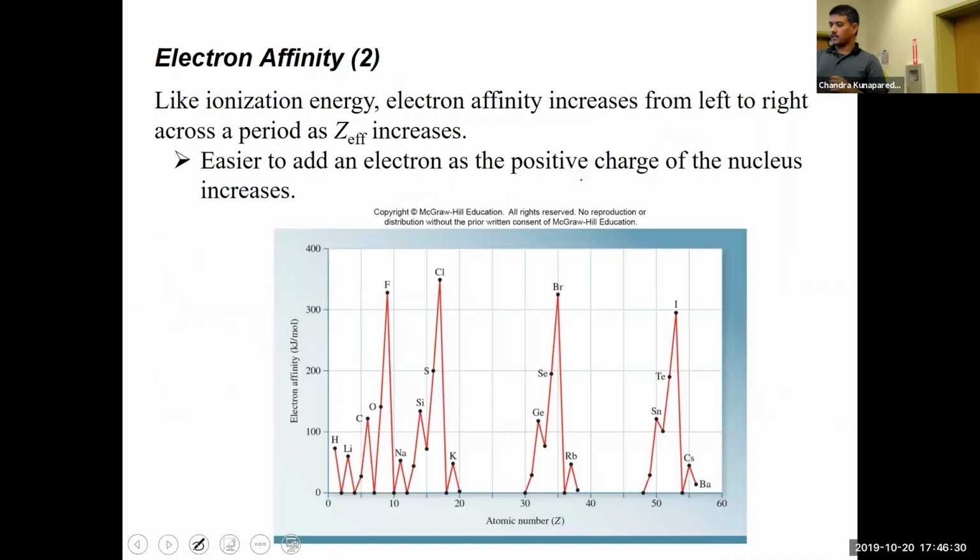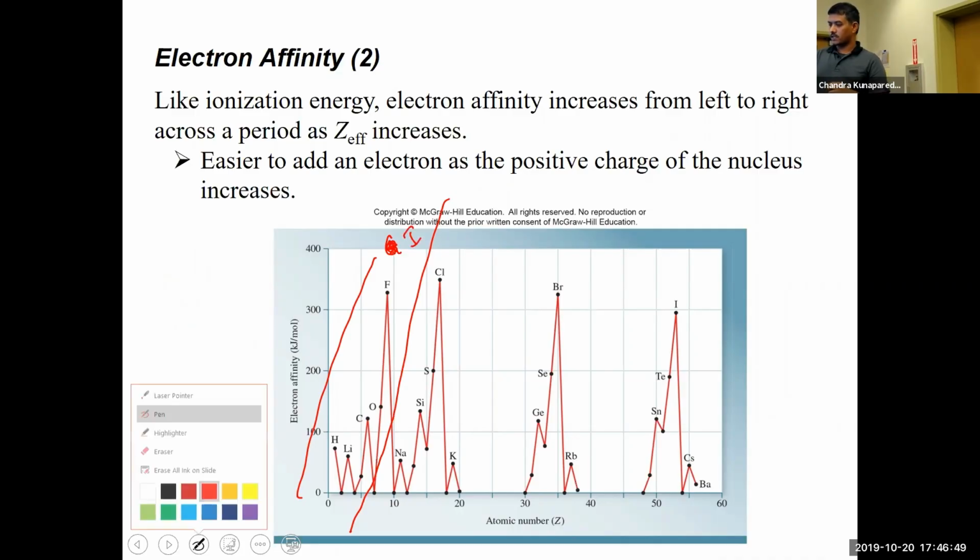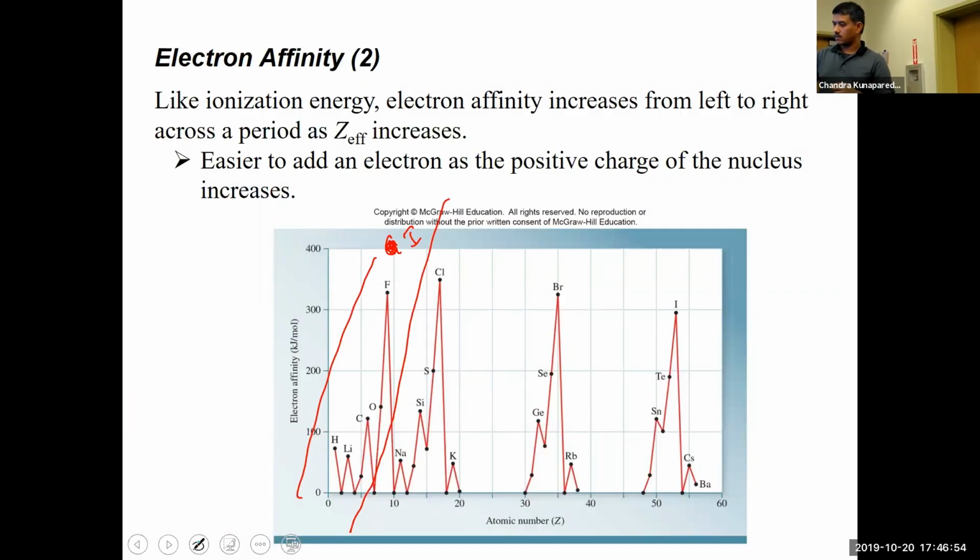Here you can see that you can find the trends again for different groups, for period 1. And from sodium to chlorine, again we are excluding noble gases because they do not like to take in any more electrons.